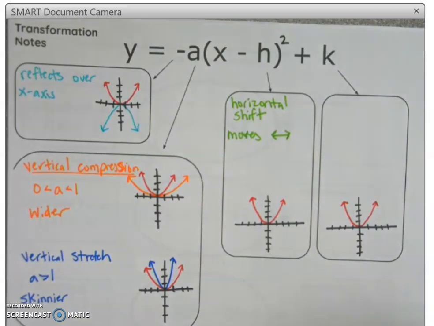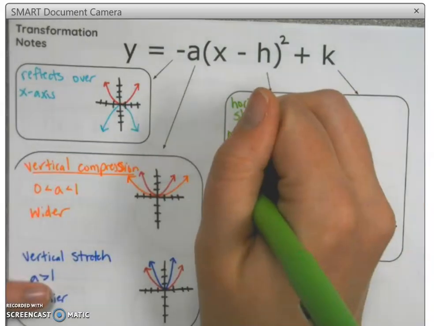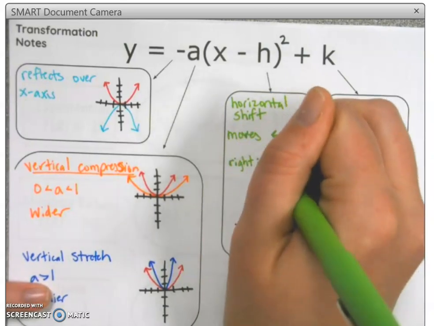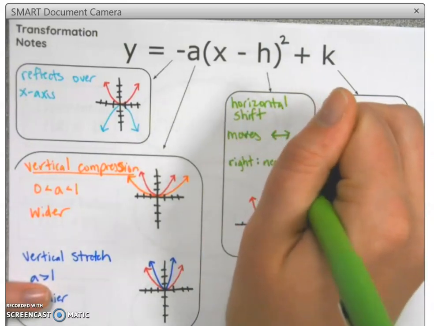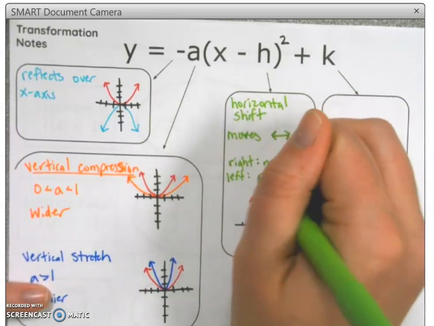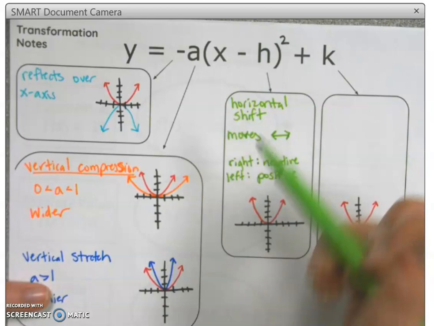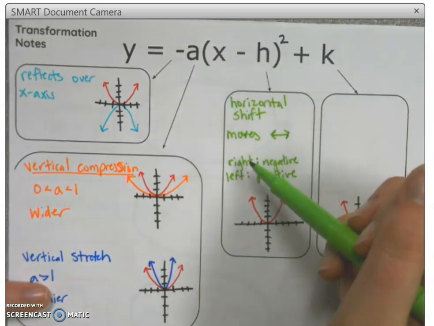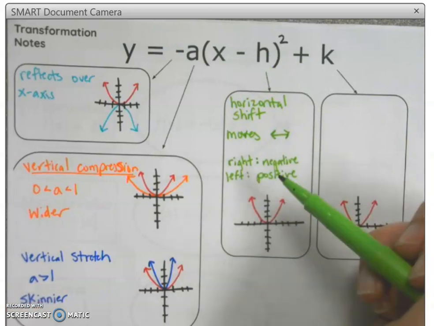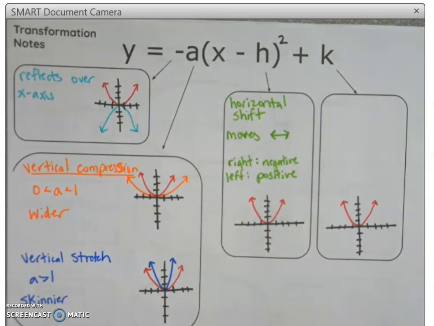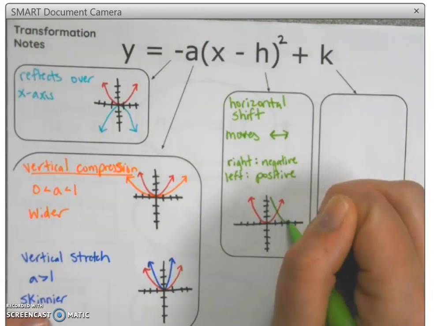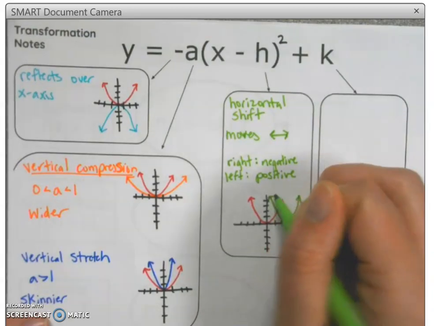Just as a side note, I do need you to know that right is negative and left is positive. Which means if you see H and H is negative, it's going to move right. And if H is positive, it's going to move left. So just so you know. But we'll talk about this more in class. So an example of this would be if this moved right 3, it moves your graph left and right.